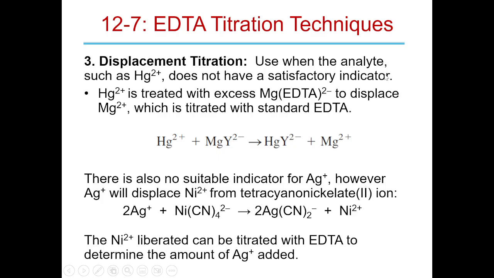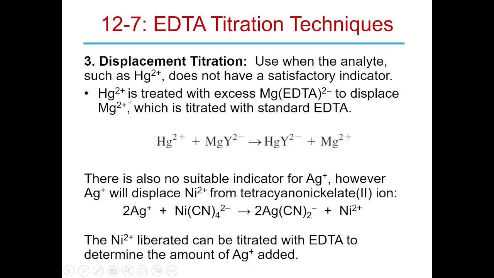You use this when the analyte, such as mercury 2+, does not have a satisfactory indicator. If you looked at that indicator table, mercury 2+ doesn't have a good indicator, so you really don't have any way of doing that with a direct titration.